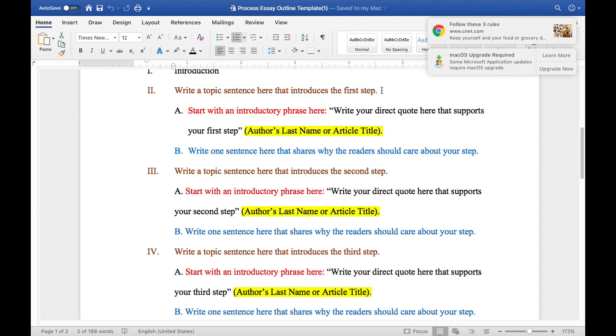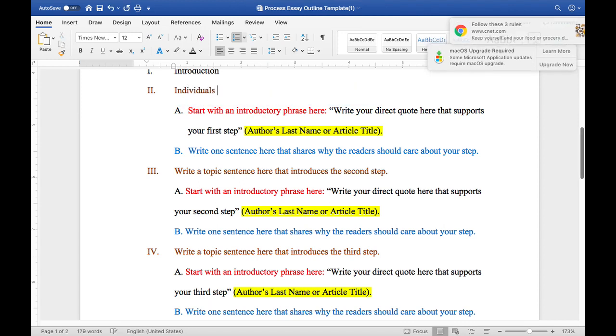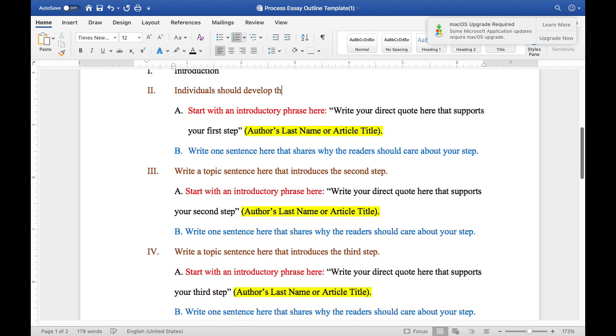So say, for example, my first reason is individuals should develop their own definitions of financial success. That, I believe, is the first thing people should do, okay?